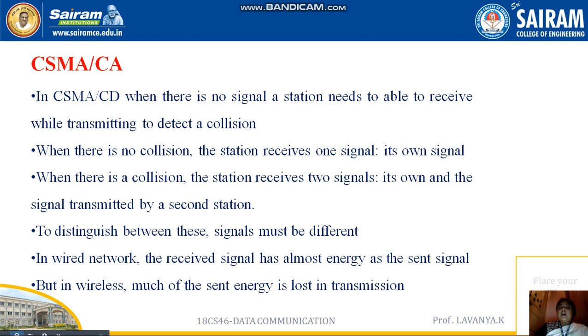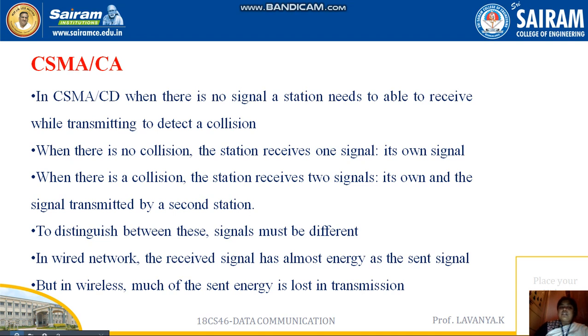Means if there is no signal, there is no data in that particular station. It is able to receive the collision during the transmission time. When there is no collision, the device receives one signal, that is our original signal.